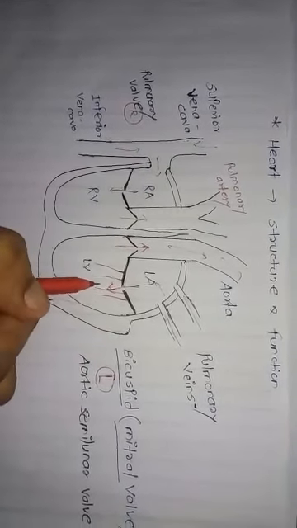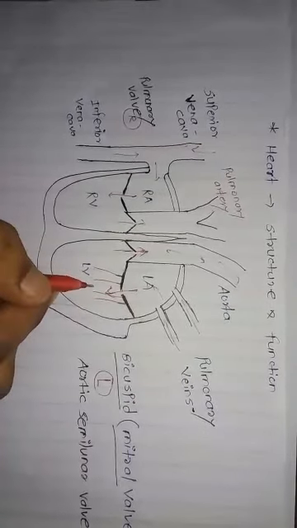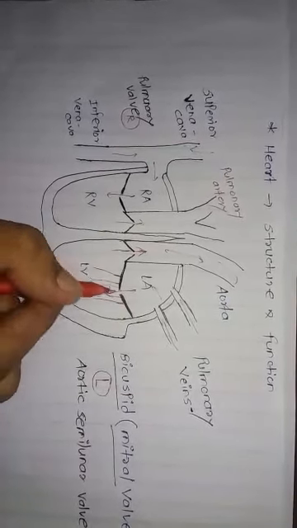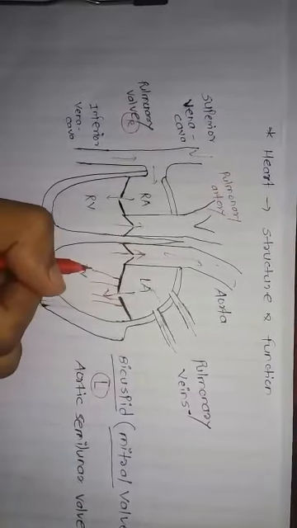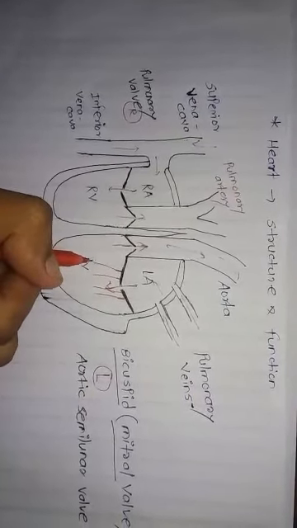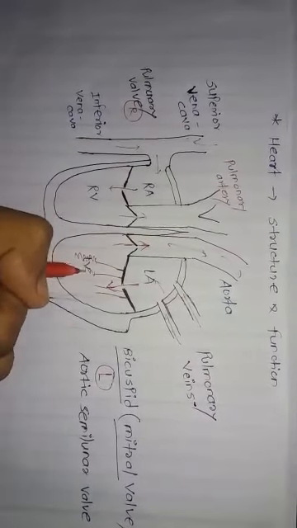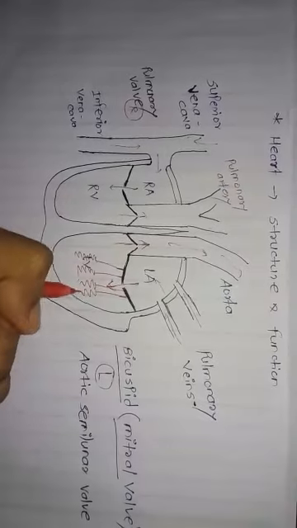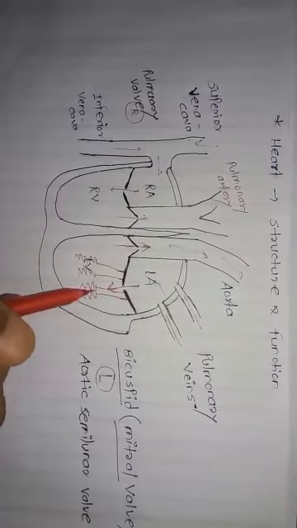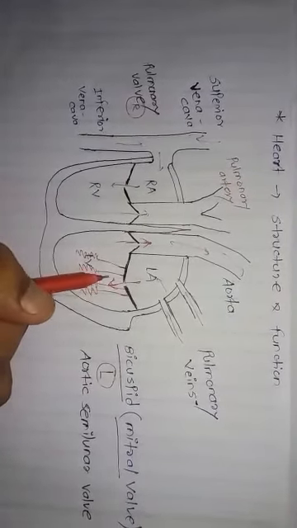These are the tendinous cords, also called chordae tendineae, and these chordae tendineae are attached to the wall of the heart by papillary muscles. These are the papillary muscles that attach the tendons, also called tendini, to the wall of the heart.